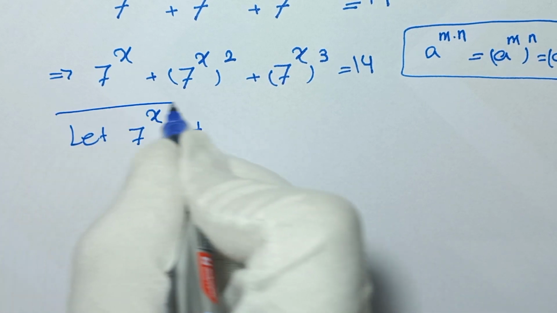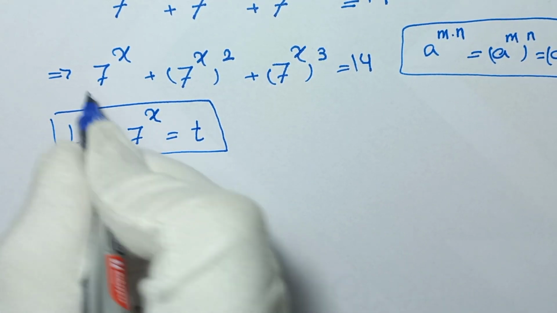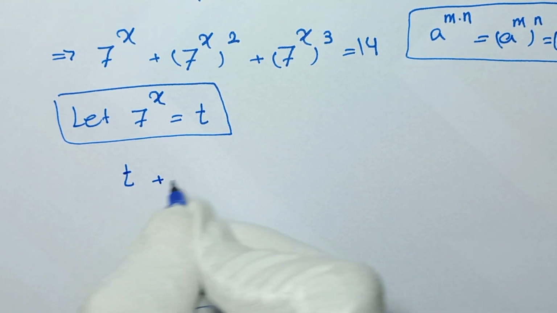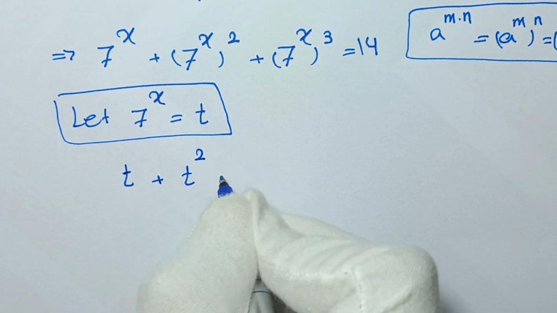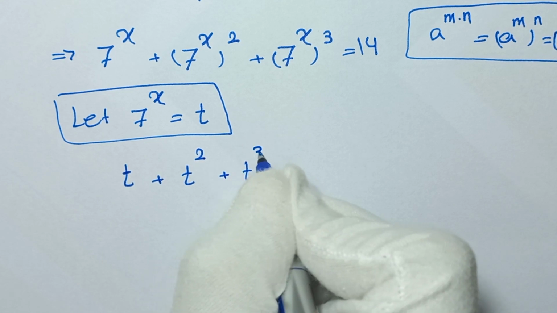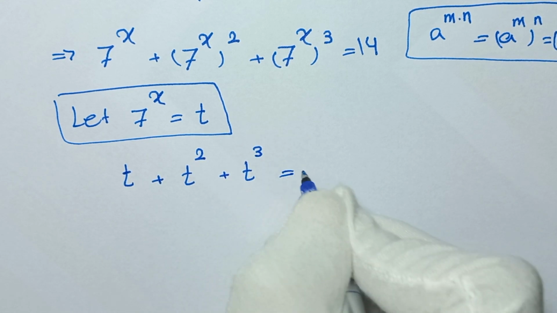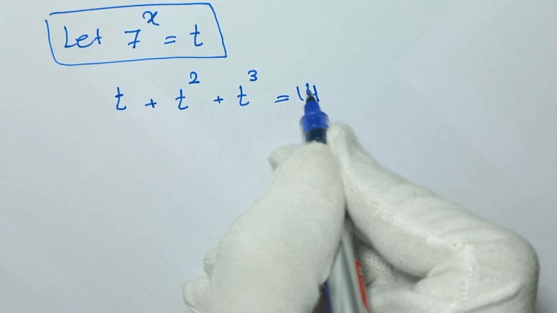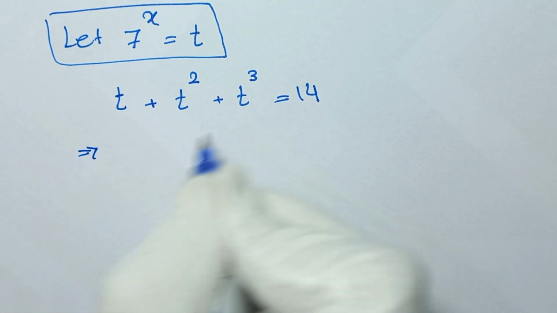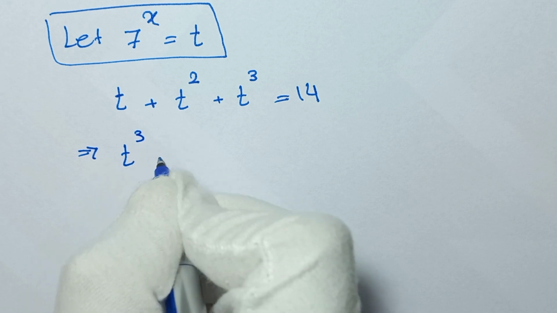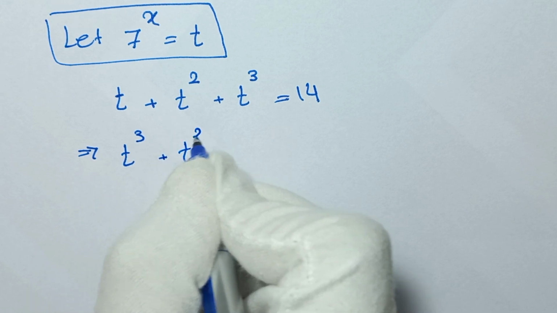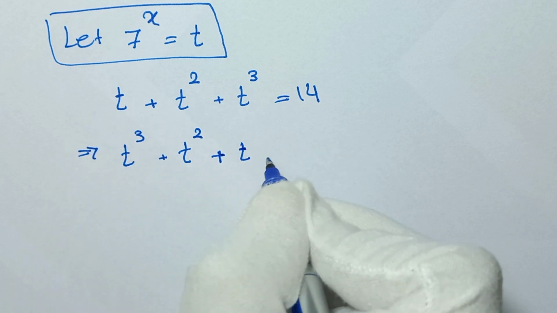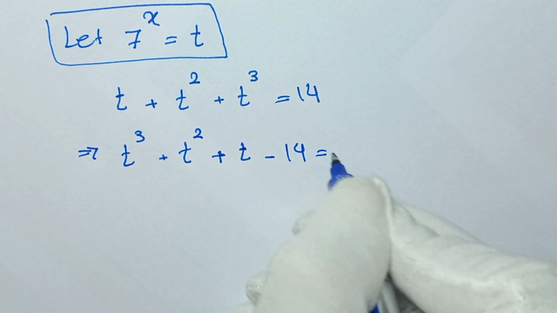So, substitute in this equation and it will be t plus t square plus t cube is equal to 14. And in the next step, we take this 14 to this side, so in here we have t cube plus t square plus t minus 14 is equal to 0.